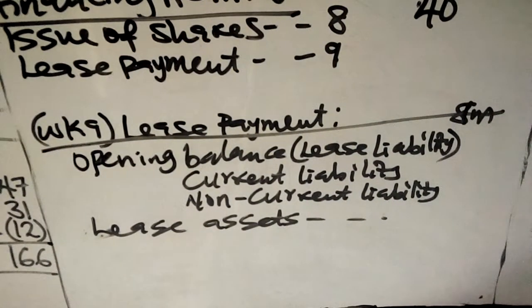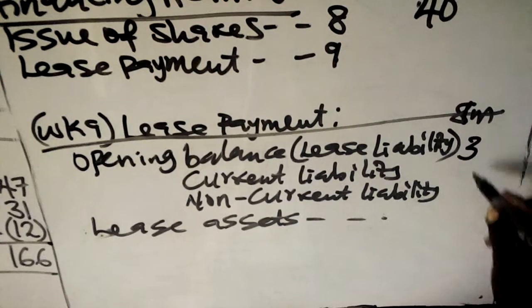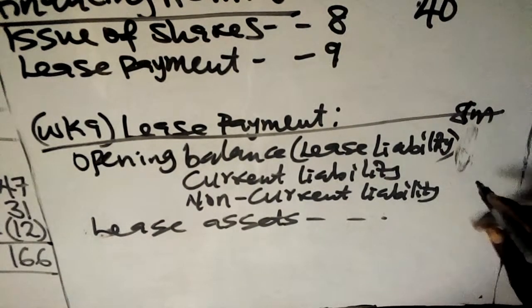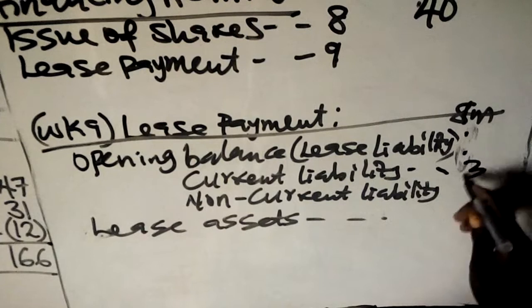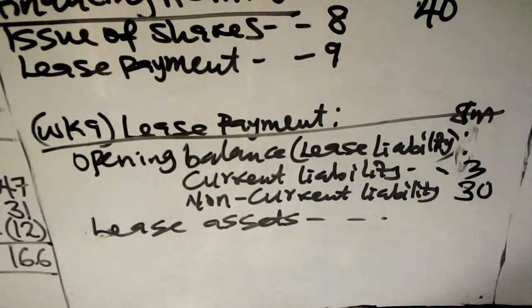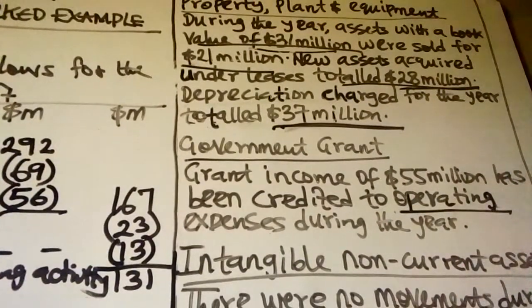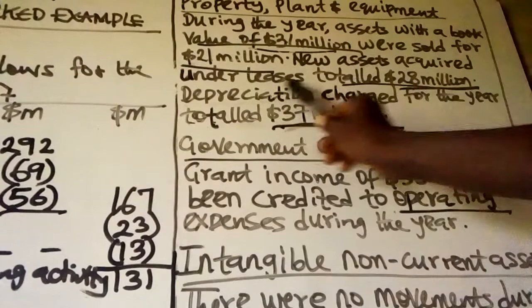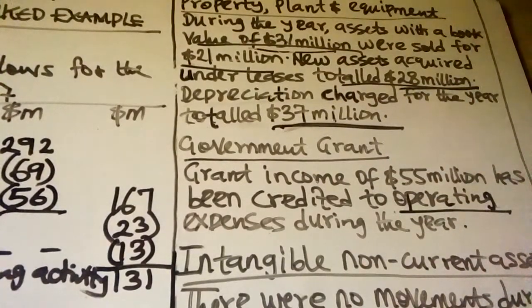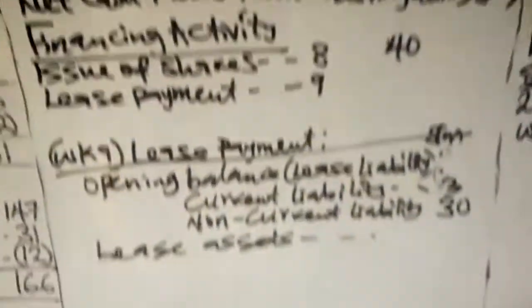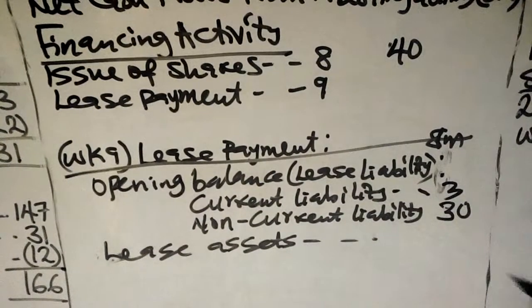Then lease asset. You were told new assets acquired under leases totaled 28 million, so the fair value is 28 million.